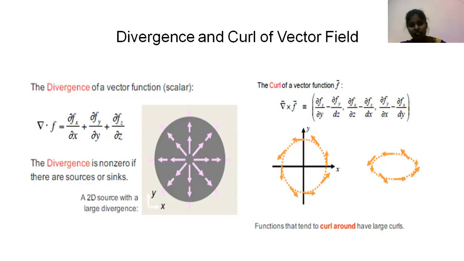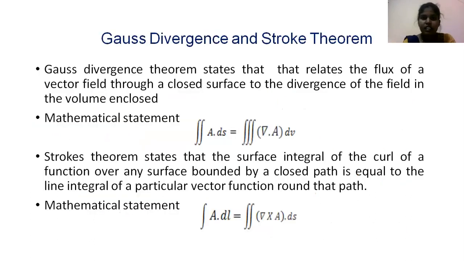You can see here also, in an X and Y plane, you can see the rotation. That means the curling of that vector. So the functions that tend to curl around have large curls. Whichever functions rotate have large curls. So this is about that.